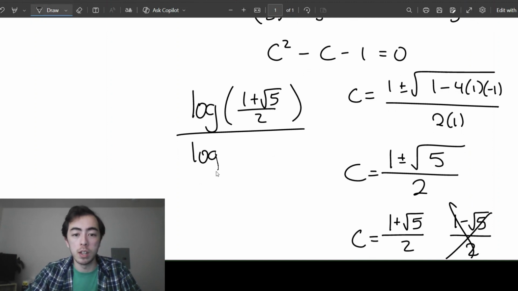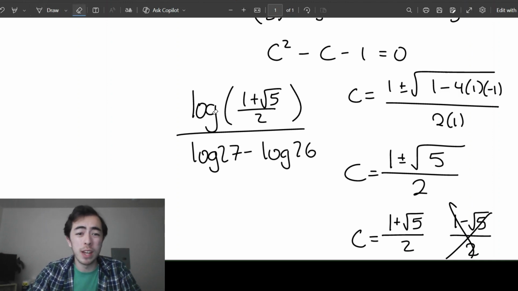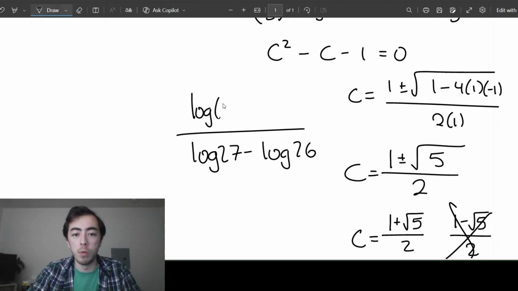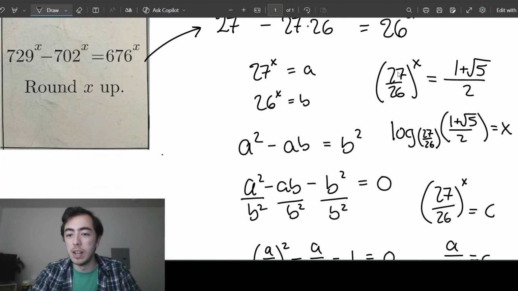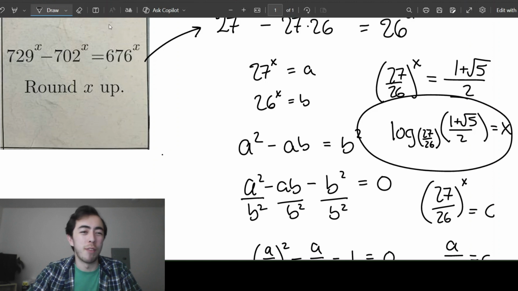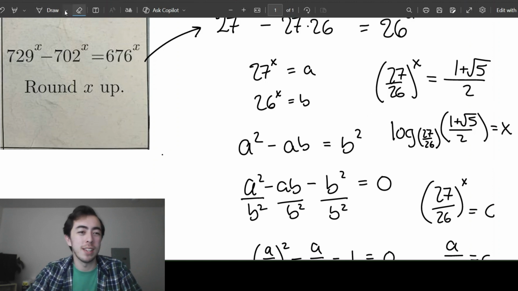So we get log 27 minus log 26. I could do that to the top too. So I'd get log of 1 plus root 5 minus log of 2. And this is our answer. Or we could have typed it in like this. It's just, to me, a little bit strange to have a fractional base with a logarithm, but I guess that's totally allowed.